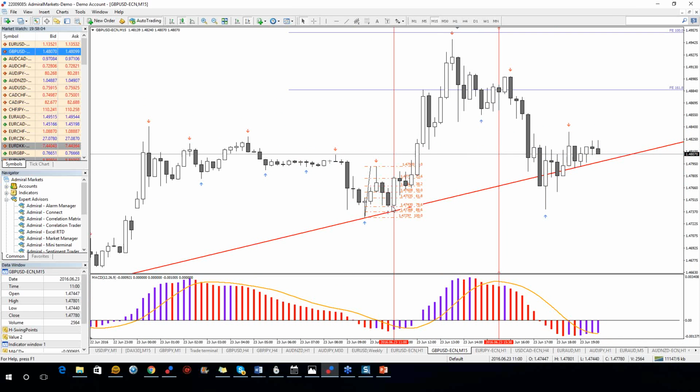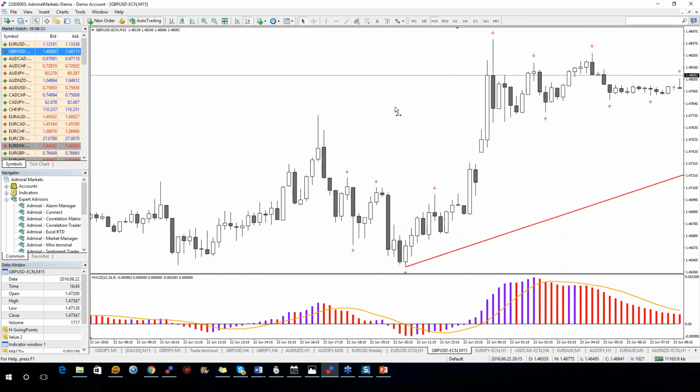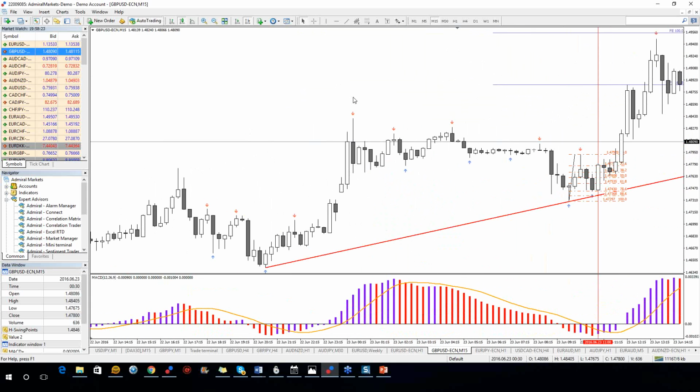Because if it went down, the price would go here. But because the price is going up, this histogram is also confirming that MACD confirms the entry here. This histogram is higher than the previous one, and it goes up. So very, very easy to use. There is no hassle with this.